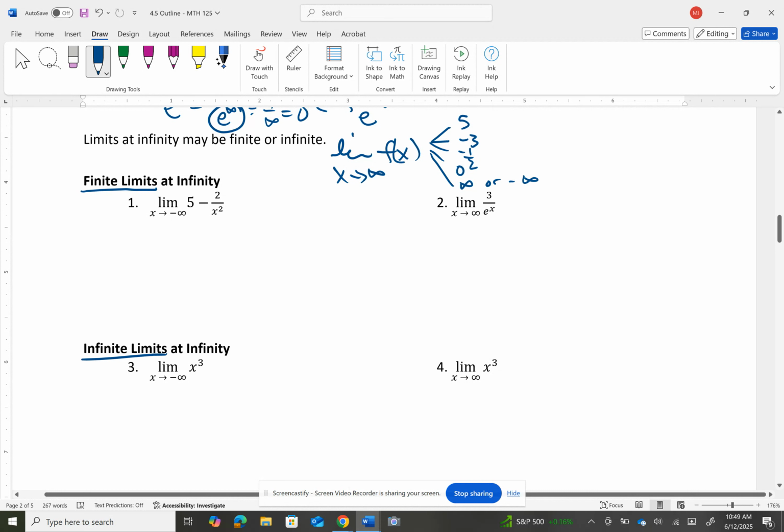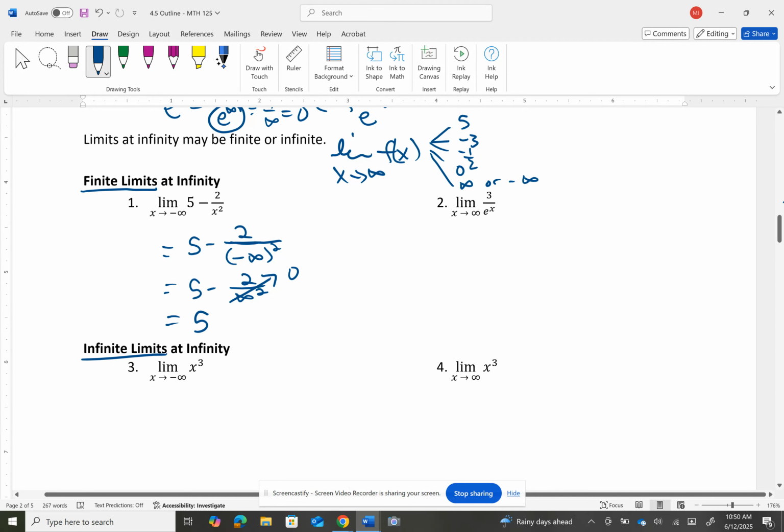So on question number 1, if we imagine plugging in numbers that approach negative infinity, those negative numbers we're plugging in are getting squared, so that makes them positive. An infinity squared is still infinity, and a constant over an infinity would go to 0, so this one's going to wind up having an answer of 5.